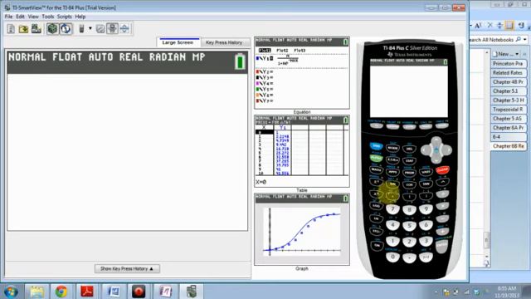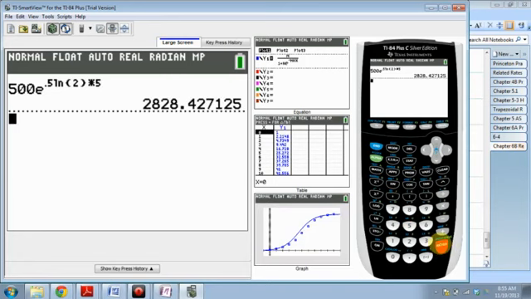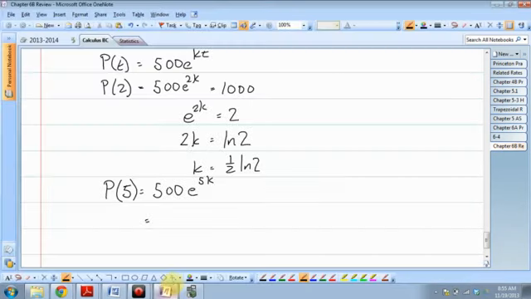Let's see. We want 500 e to the 0.5 times natural log of 2 times 5. That right? Sweet. 2,828.427.